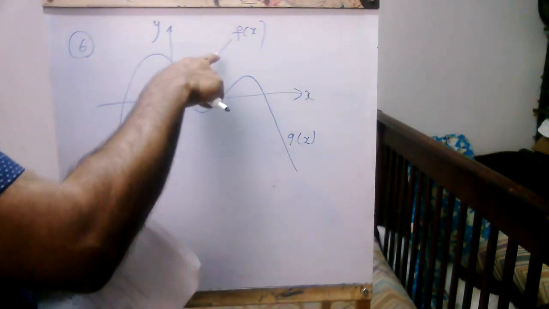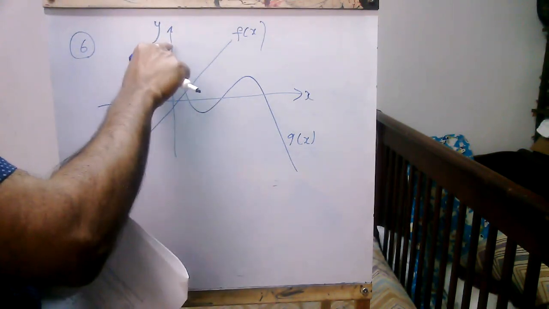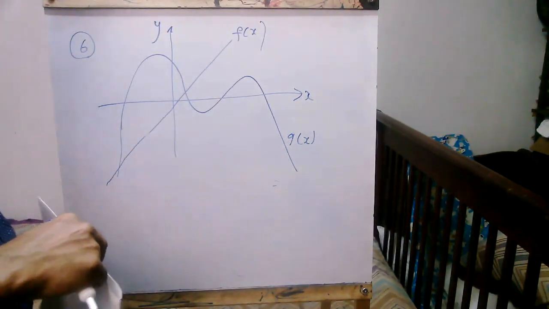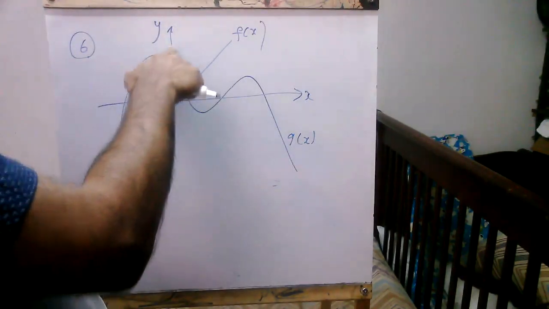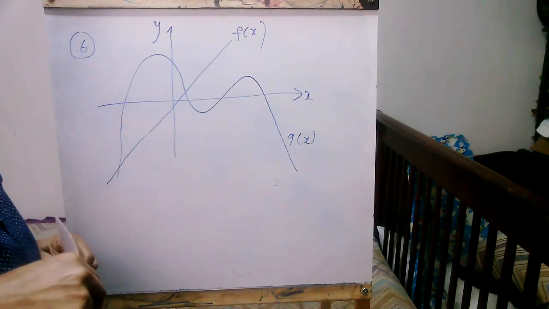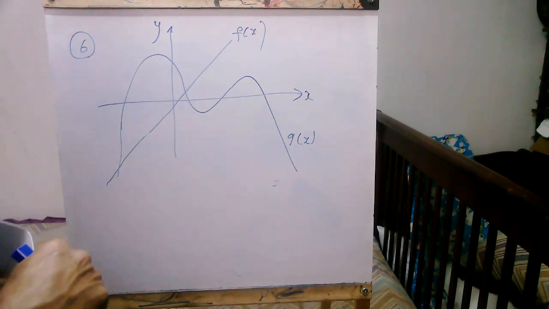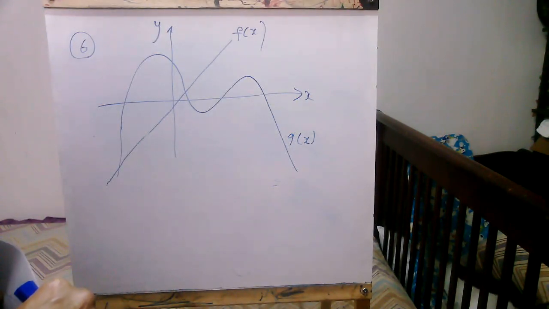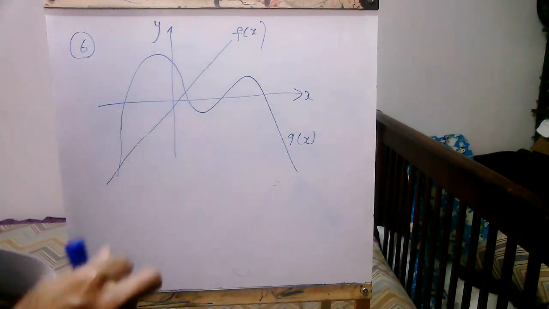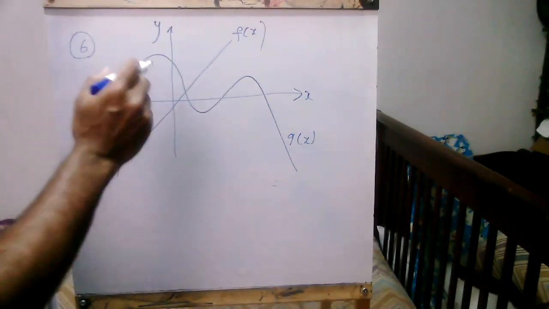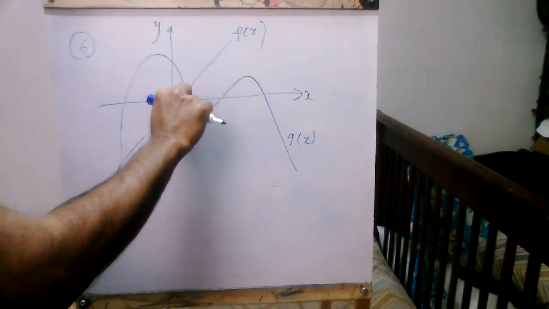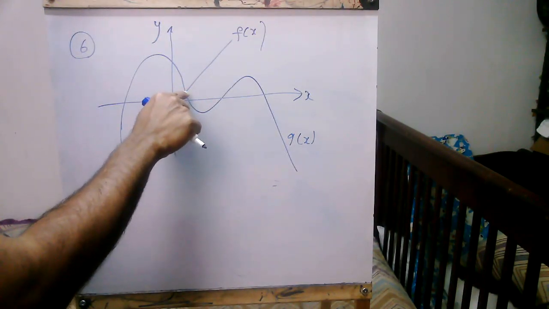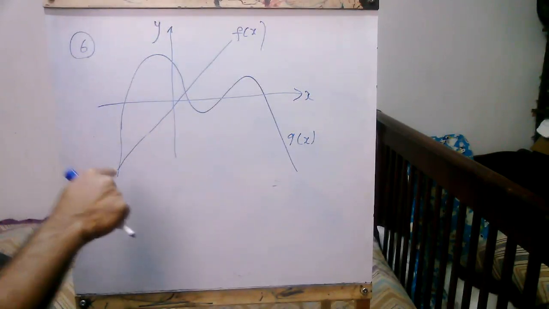We discussed this: x represents the position and y represents the value of the function at a particular point. Now that value is equal at this point and this point.